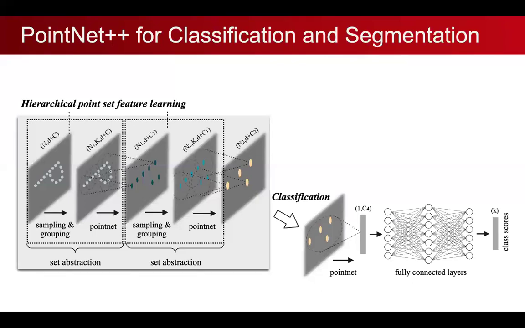And then from here, for classification, for example, we use that feature vector to do a classification with a fully connected MLP, the same as for convolutional neural networks for images or for voxels.